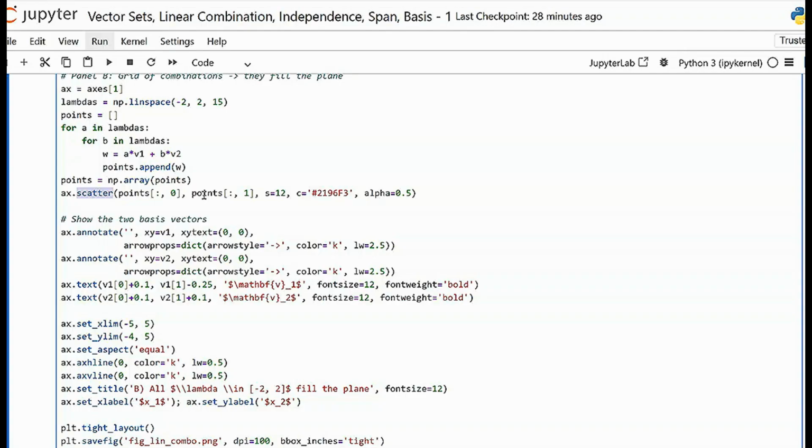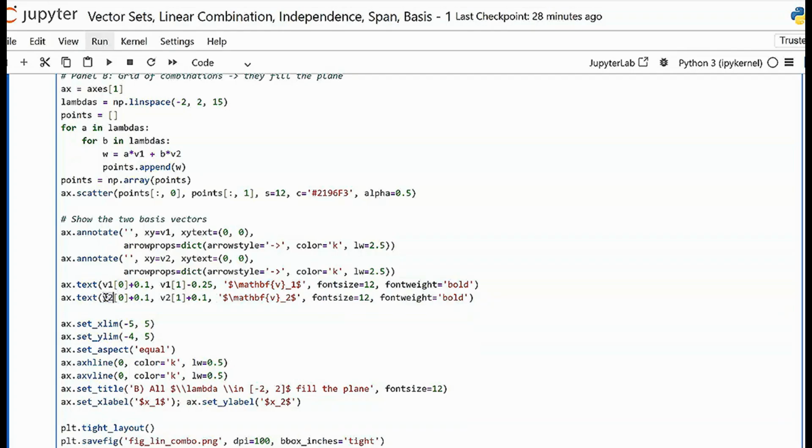Kindly observe. This one draws the vector v1, and this one plots the vector v2. Let me have label 1 and label 2, the labels for vector v1 and vector v2, as specified here.